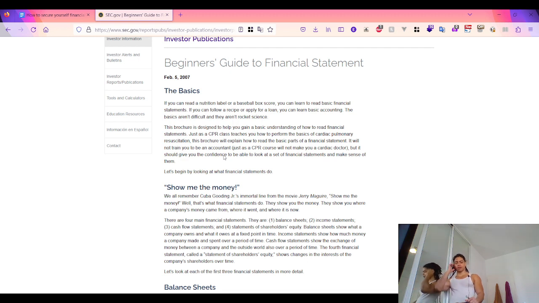Okay, so this is another variant of VC, venture capitalist, which is great.